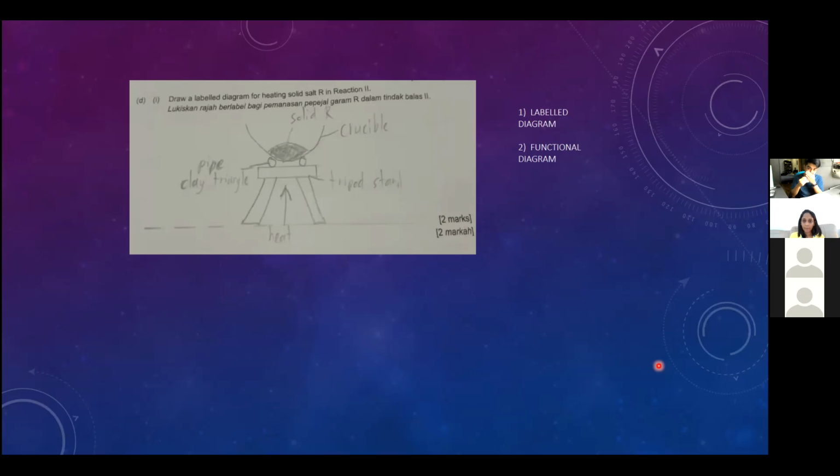Because if you heat solid R, CO2 will come out right here, so you must go into lime water. I will take a snapshot and send the diagram in the group. It must be that other way, okay? So it doesn't matter, but his points are correct. It must be labelled and it must be a functional diagram. So it's okay, good try, carry on.